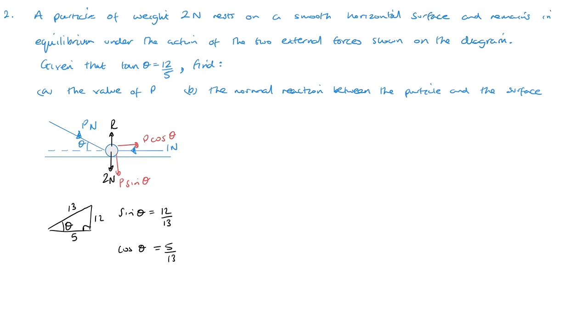So to be able to find P, I need to resolve horizontally, don't I? So that is P cos theta equals 1. Now cos theta is 5/13. So P equals 13/5, or 2.6.